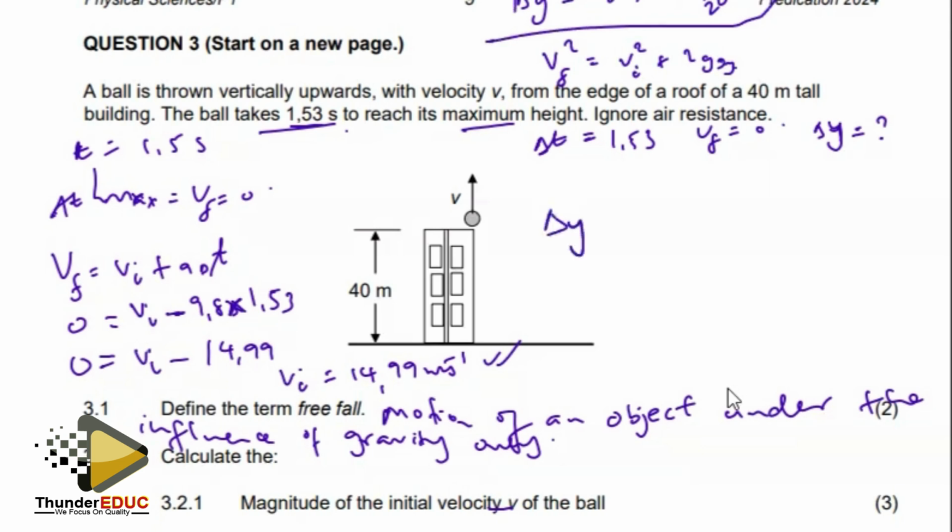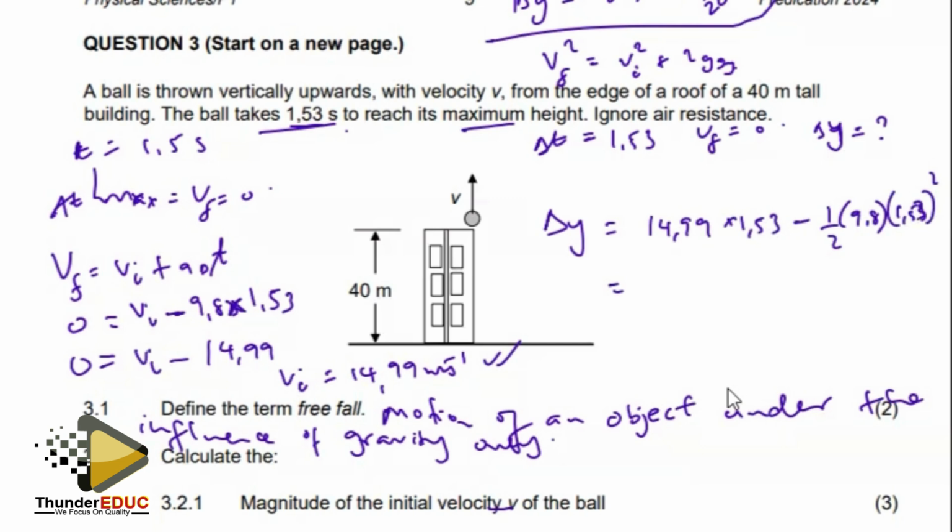Delta y is going to be V initial, which is 14.99, multiplied by 1.53, minus a half times 9.8 multiplied by 1.53 squared. Now you can use a plus, but then the sign next to the g should be negative. That's if you're using the same direction as mine.